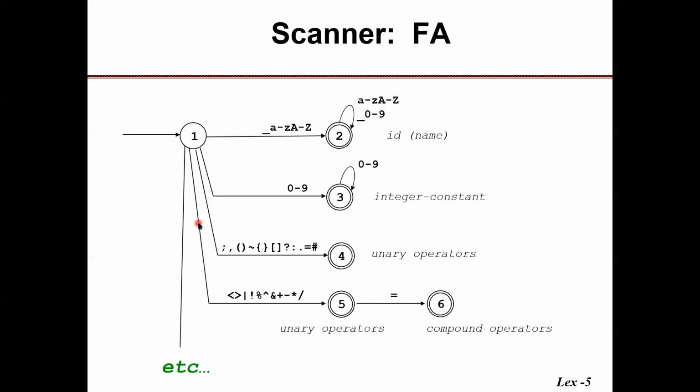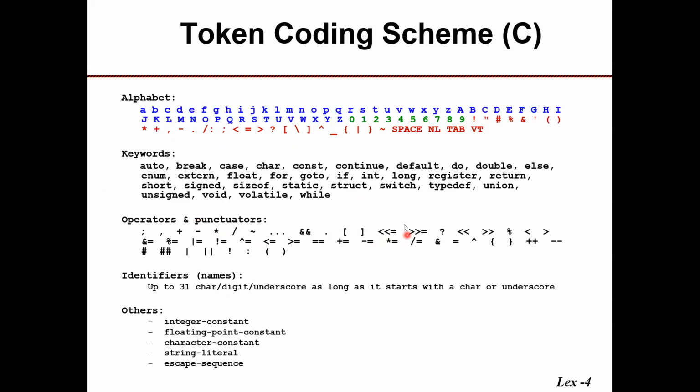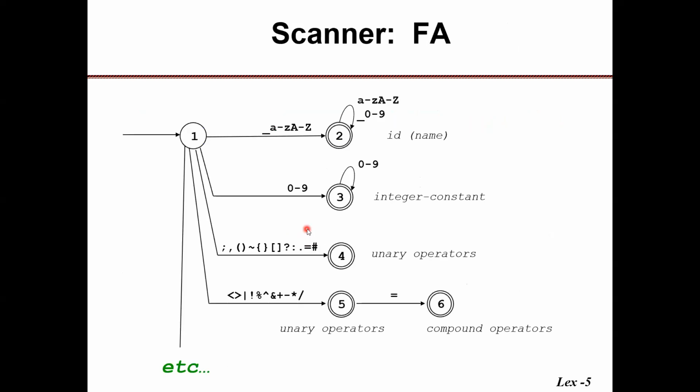But going back to here, we talked about those, but we have some other operators as well. The plus plus, the minus minus, we use those all the time. We have operators that are not compound operators, but they have specific functions to them. So we still need to be able to recognize and accept those, so we can perform those operations.